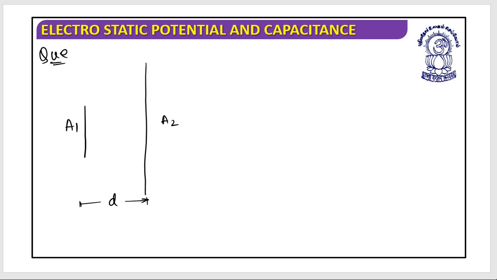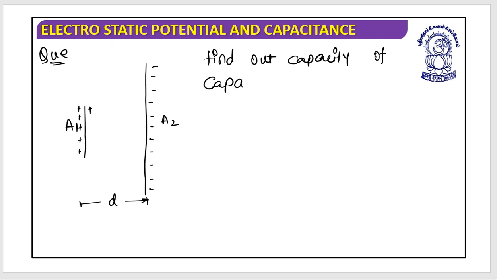Now they ask that, let's say this has been positively charged and this is negatively charged. They say find out the capacitance. This is what the requirement is.